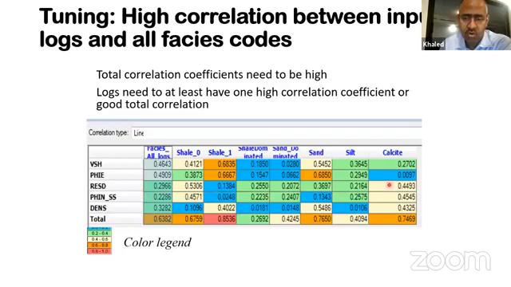So here, in this example, all of them are good. We see porosity, for example, is a very bad indicator for the calcite, but it's a very good indicator for the sand. So I keep it, even though it's not that high. So make sure that these inputs can help you for at least one element. If they don't help you in any of them, you are creating noise, and that noise will make your neural net bad.